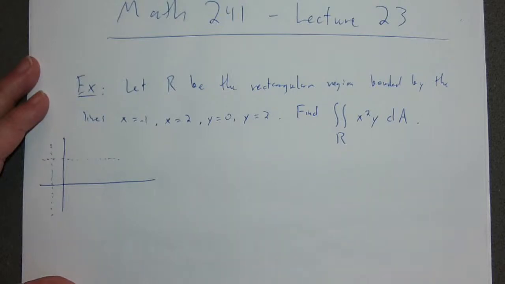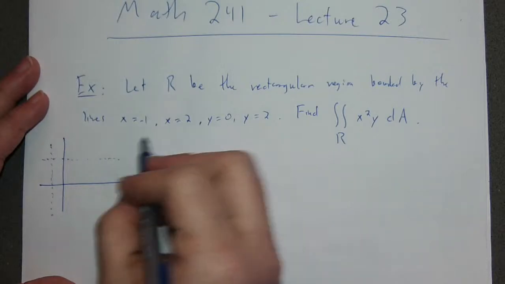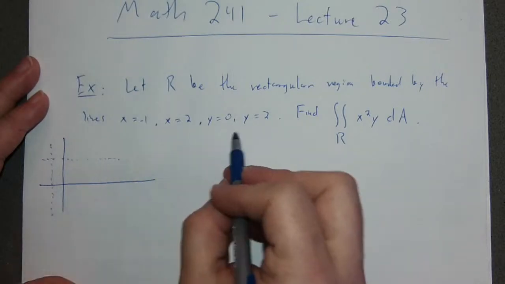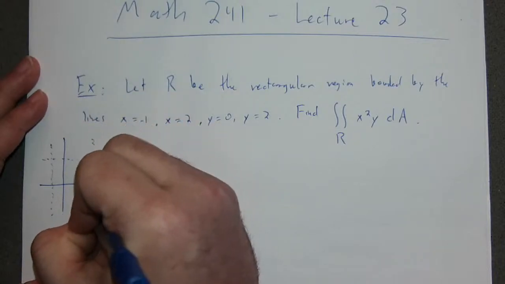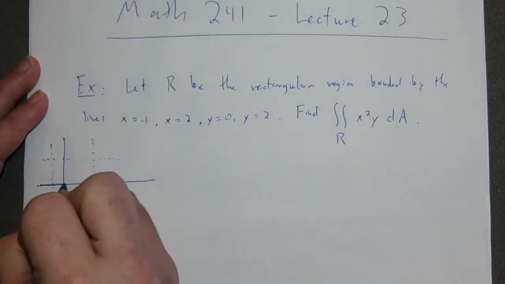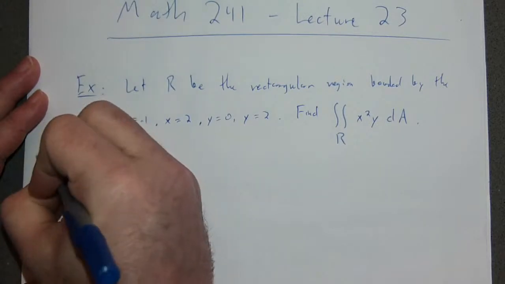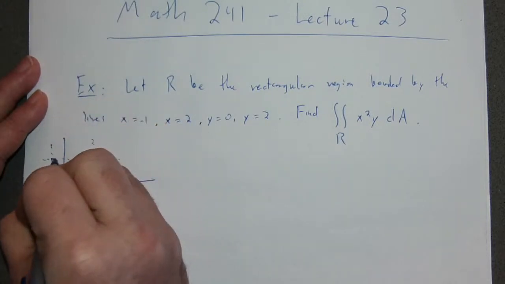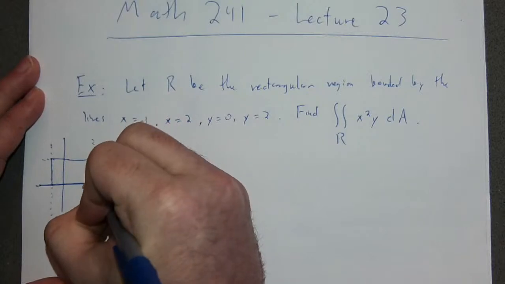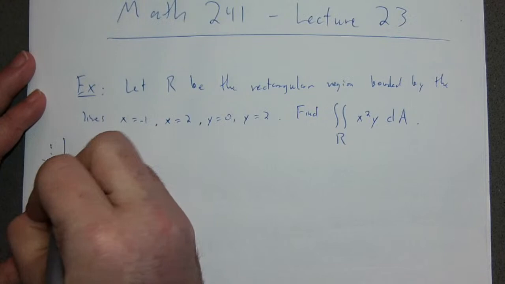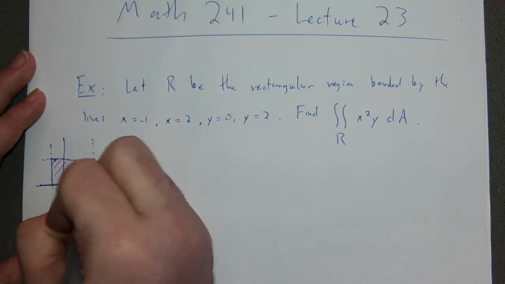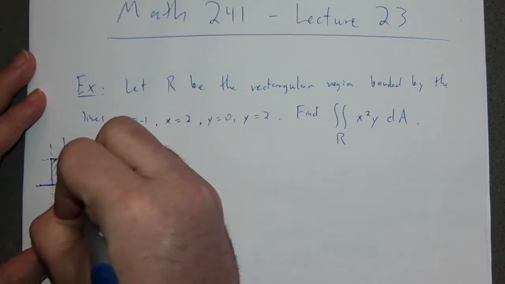Oh, sorry, what am I doing? I was drawing in the line y equals 2 here. x equals 2 looks like this. And y equals 0 is the x-axis. So the rectangular region out of that looks like that. It's a pretty bad rectangle, but there it is. So there's my region R.